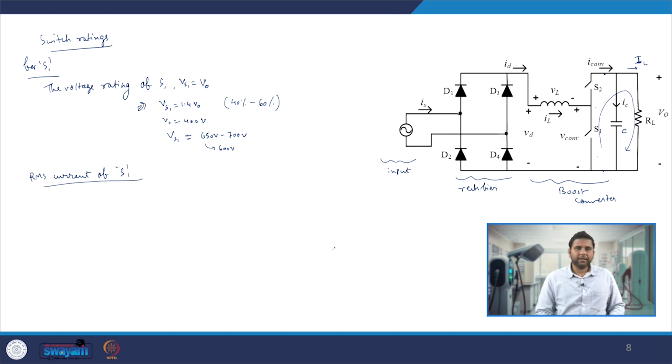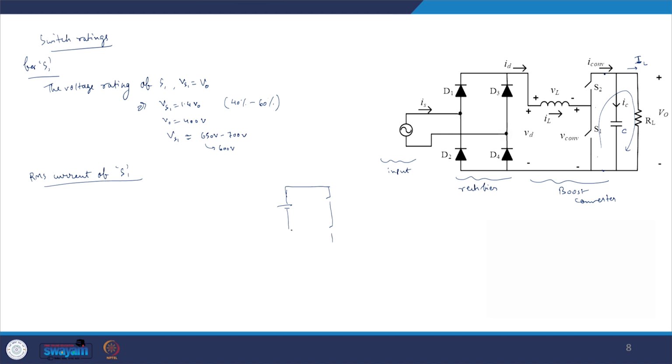Before that, let us understand how we can calculate the RMS current for any generalized power converter. So let us take a very simple power converter, a half bridge, which is one of the fundamental building blocks of any voltage source power converter.